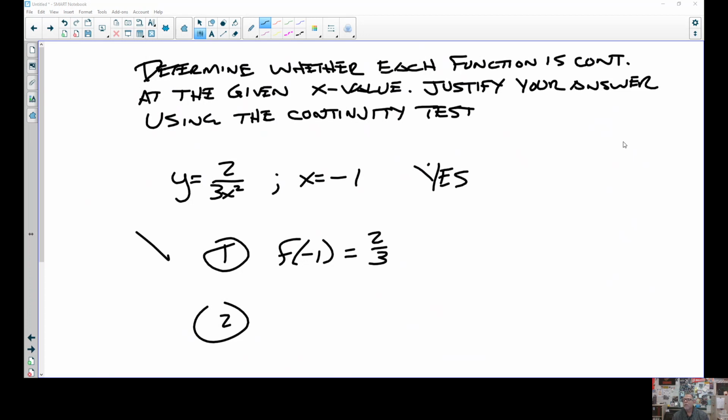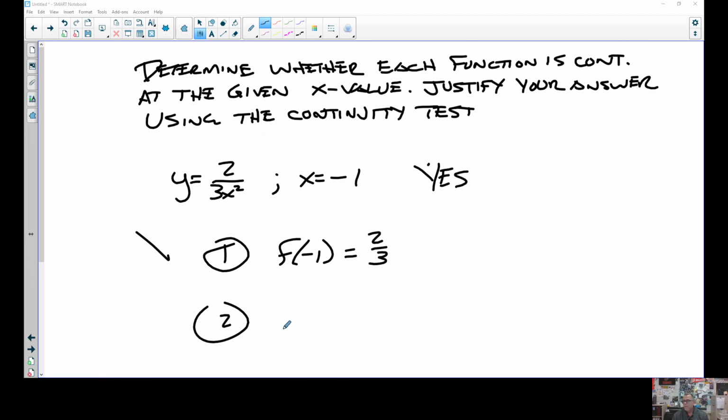It looks like it's at 0.55, and then if I do it again, second calc value, and I do -1.01, even closer, right? And hit enter. It's at 0.65, getting closer and closer to that 2/3 value, right? And I could do the same thing checking from the right, but generally speaking, I look at this and just kind of look at it and say it appears it approaches it from both sides. So in that case, it does have a limit.